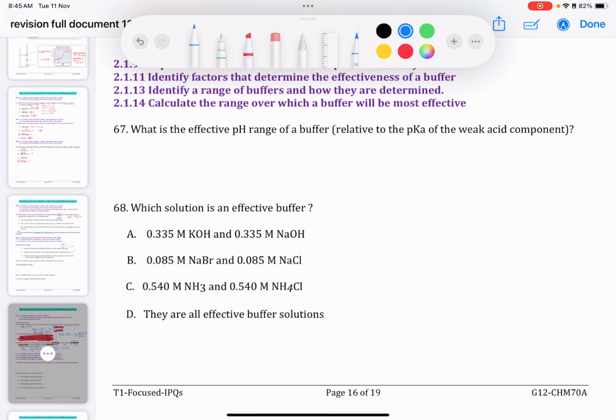What is the effective pH range of a buffer relative to the pKa of the weak acid? Now, we always say that the best buffer is when you get the acid and its own conjugate base concentrations very close and similar to each other, but up to certain limits. So if we look at this formula, pH equals pKa plus log the conjugate base over the acid, it's in the ratio.